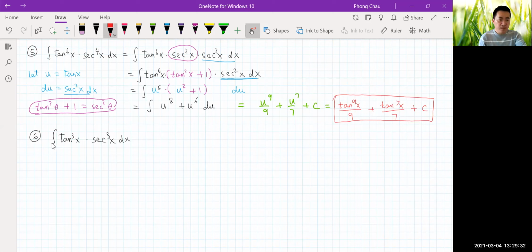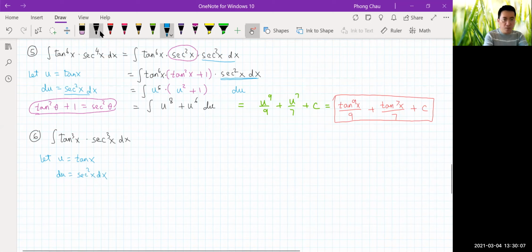If you look at number 6, it's still tangent and secant, right? So at first, we feel like we can do the same substitution using tangent, but you're going to soon realize that it doesn't work quite well. Although when I take a derivative I still have secant squared, then you have secant cubed.